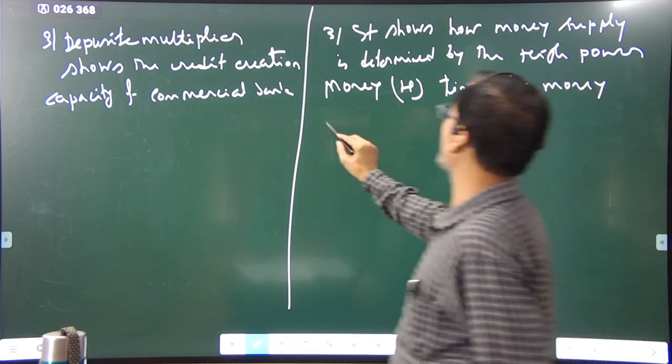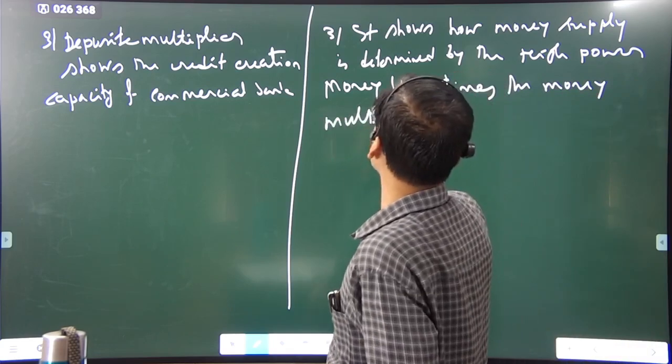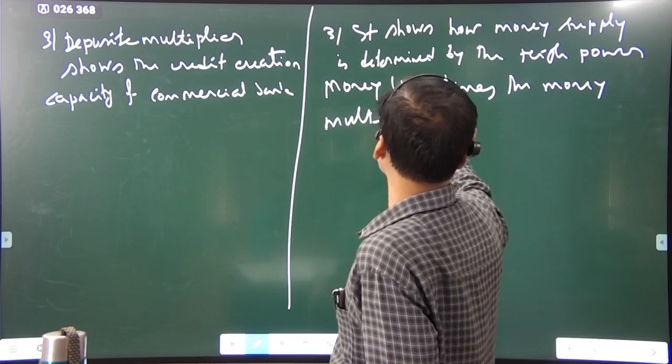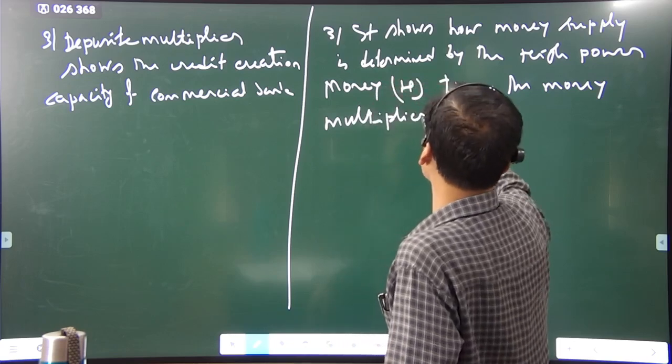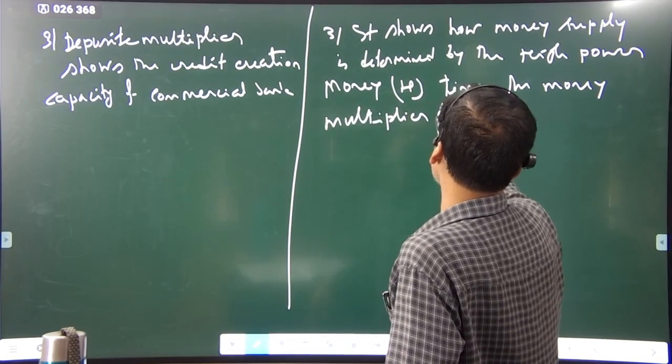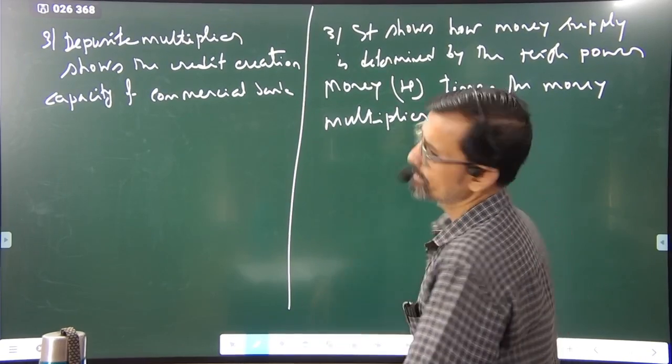What is the money multiplier? This one, 1 plus K divided by R plus K.